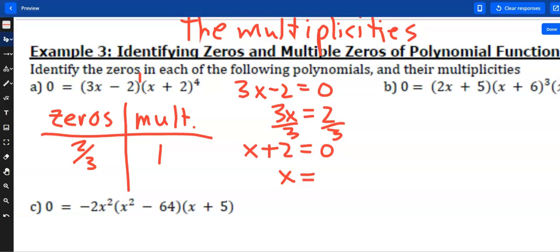X equals -2 would be your next one, but I can see that that occurred 4 times. Nobody wants to write 4 of those things out. But that's what it is. Now notice I did not ask you to multiply this all together.